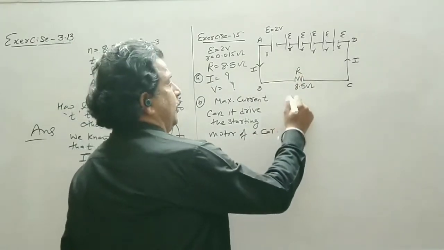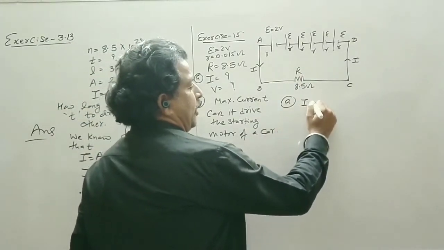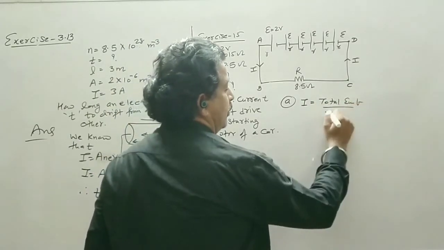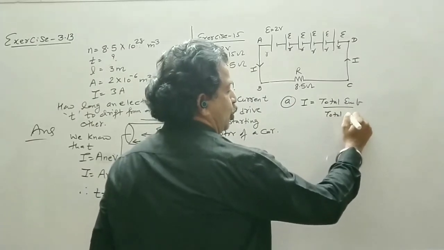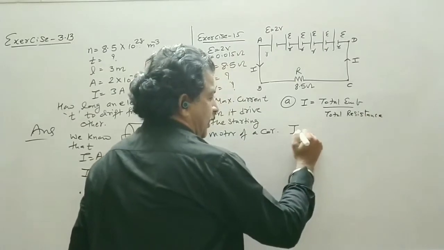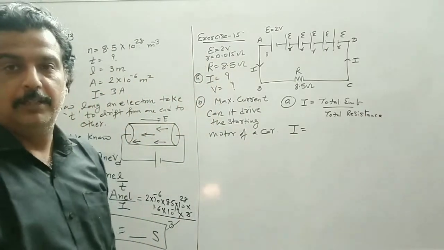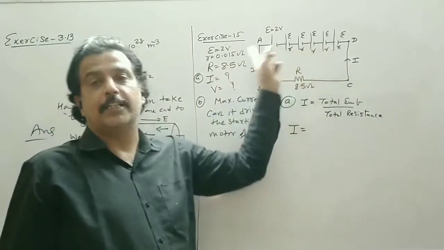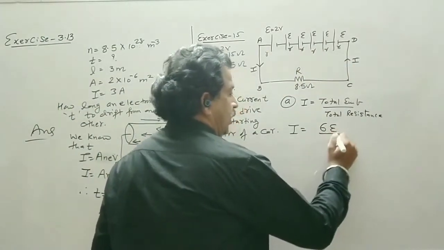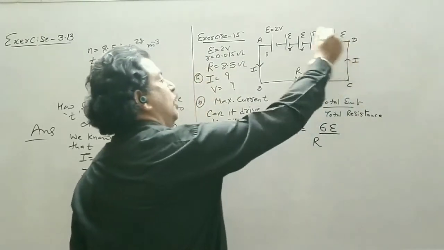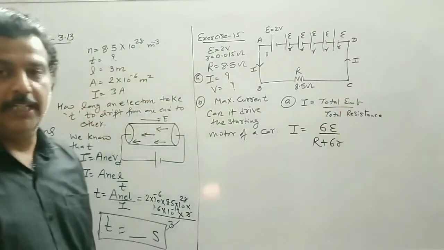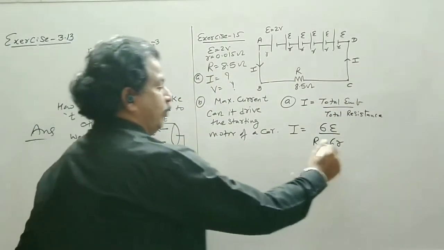So total current is equal to total EMF divided by total resistance. So total current I is equal to total EMF. Clearly all the cells are connected in helping condition, so it becomes 6 times E divided by all the 6 internal plus 1 external connected in series. So I is equal to 6E upon R plus 6r.